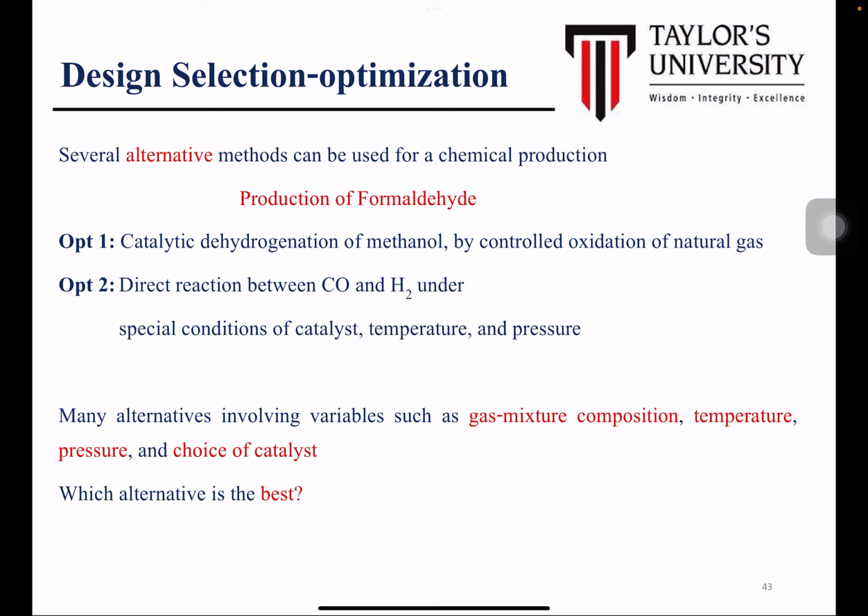Second, direct reaction between CO and H2 under special conditions of catalyst, temperature and pressure. So now many alternatives can be formed for the production of formaldehyde. Okay, and there are many variables, very different gas mixture compositions you can use, various temperature, pressure, catalyst you can use. So you now need to identify which alternative is the best.